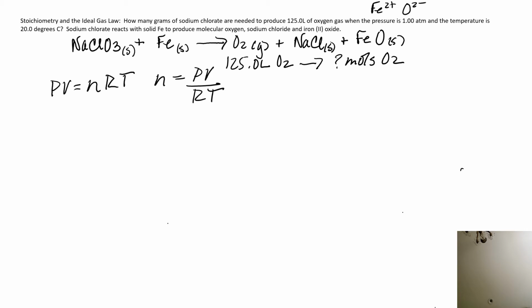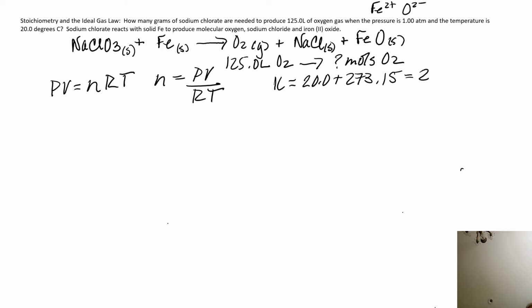So we do have one conversion to do, and that's converting degrees Celsius to Kelvin. So we have K equals 20 degrees Celsius plus 273.15.